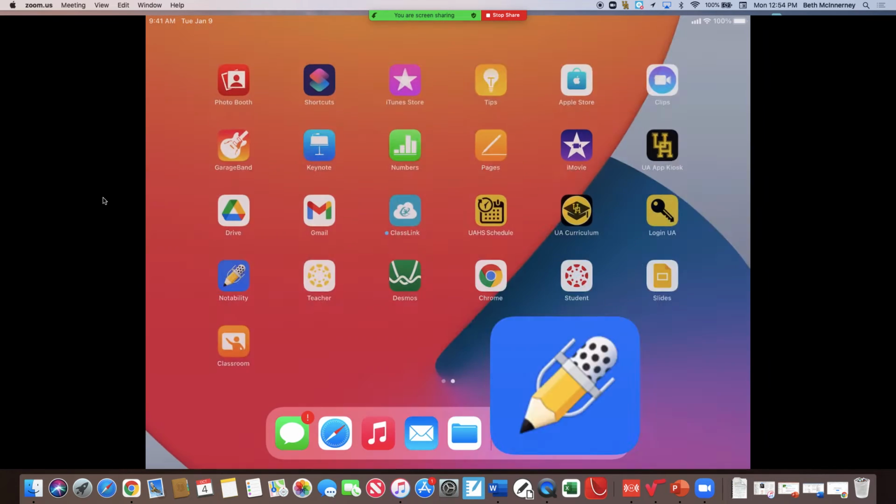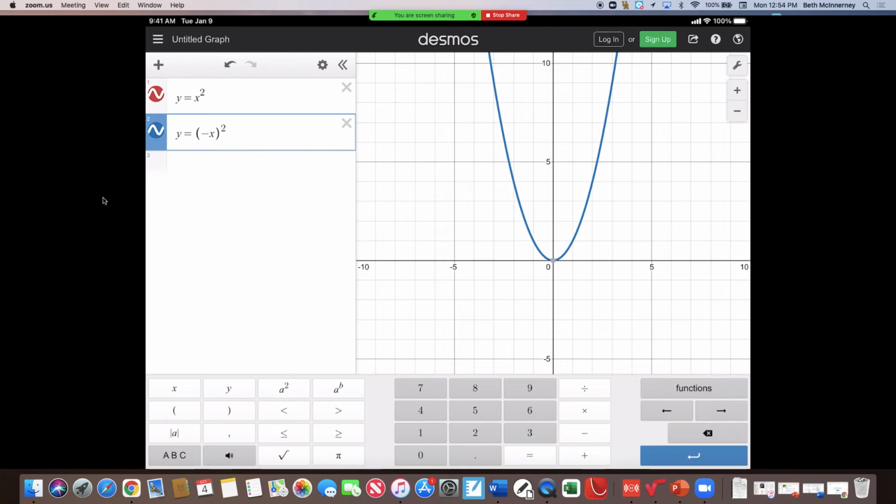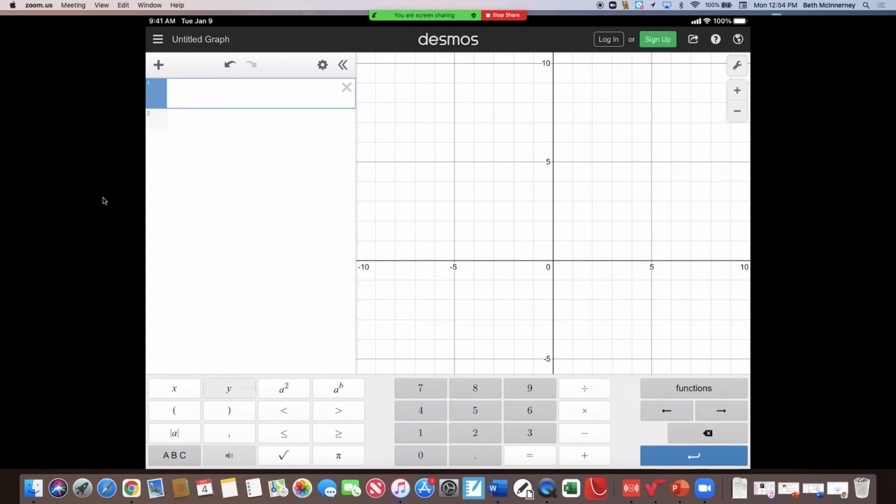All right, so I'm going to pull up my Desmos and knock everything out, and I'm going to do y equals x cubed. And I would do them kind of adding one in one at a time and then removing it.